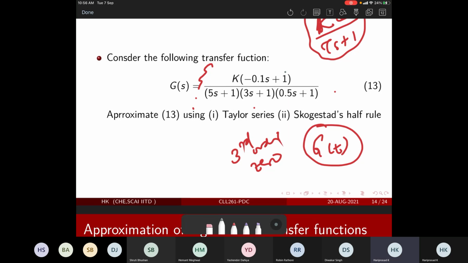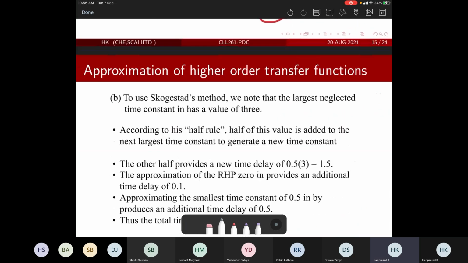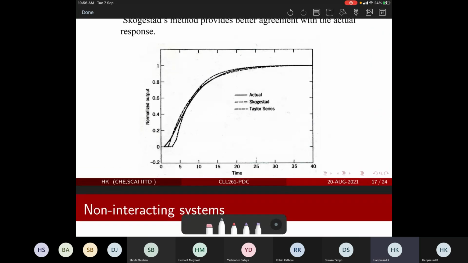So this is now approximated as k times e raised to minus 3.6s by 5s plus 1. So this is a very, very simple structure compared to this complex one. The rule of thumb here is we will stop at this moment and we'll continue on other such techniques.